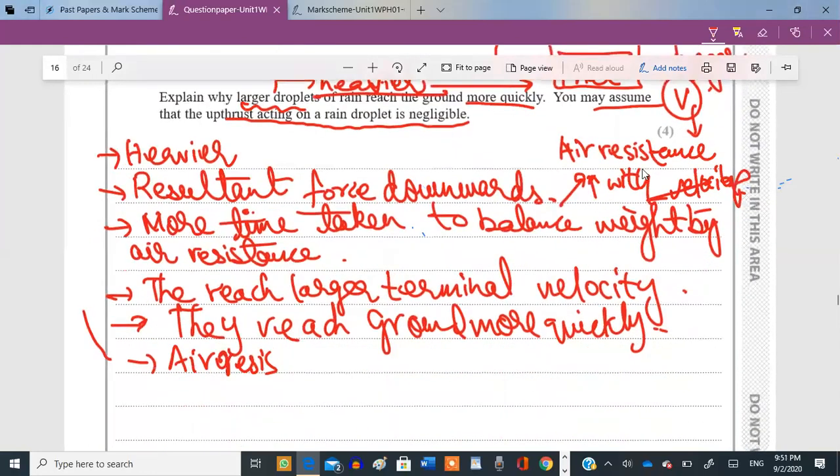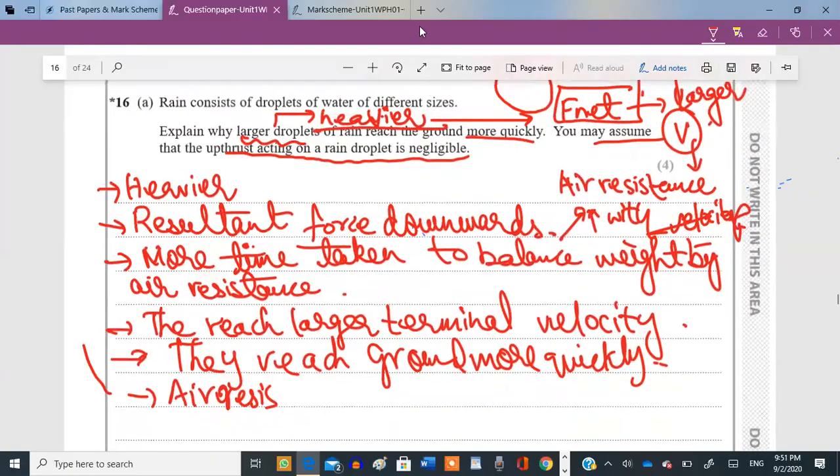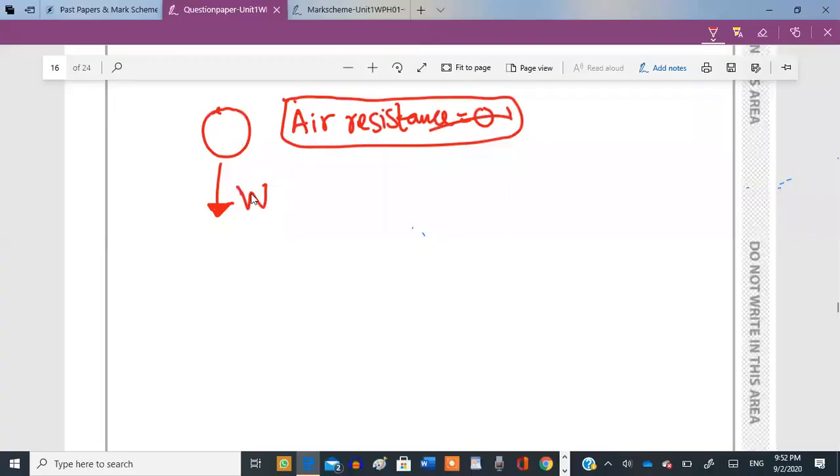Okay, you get the idea behind this question. What would be the net force acting on the object? Initially, it's going to be the weight itself. The weight will cause acceleration equal to 9.81 initially when the resistance is 0. As time passes, the speed will start rising as a result of this acceleration. The speed will start increasing, right?